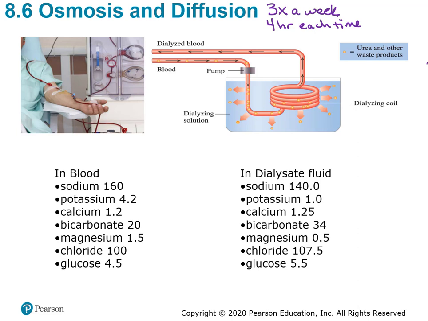So this tubing coming out, notice here, this is the one where the blood's coming out. This blood is going to be high in waste, and it may be high or low in water and salts. Usually it's in excess. It really depends on what you've been eating. If you've been eating a lot of salt, there's going to be a lot more sodium in your blood. If you eat a really low salt diet, it might not be as bad.